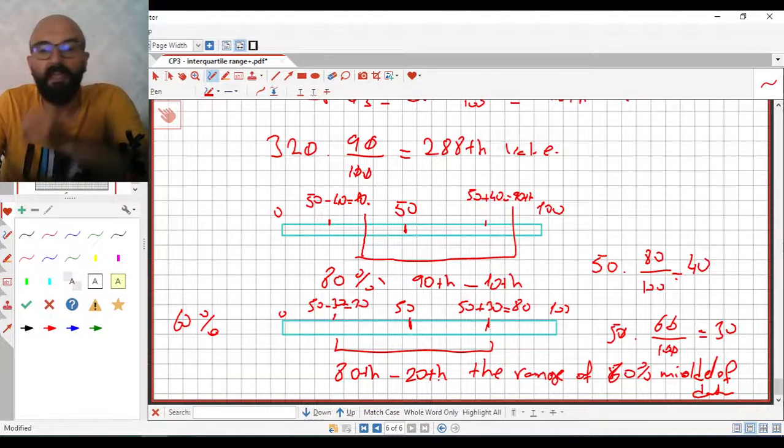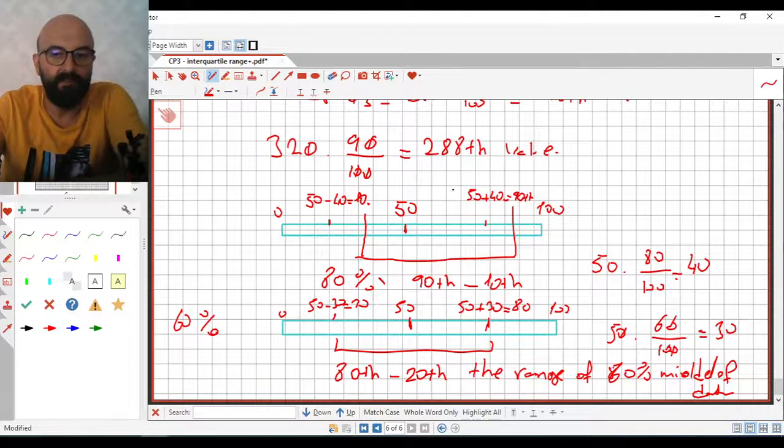Okay, if they want the range of the middle 80% of the data set, we follow this process.